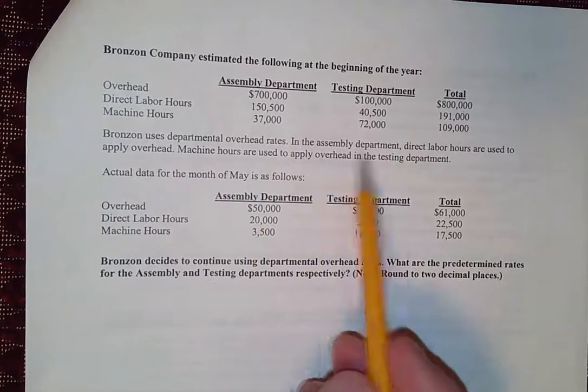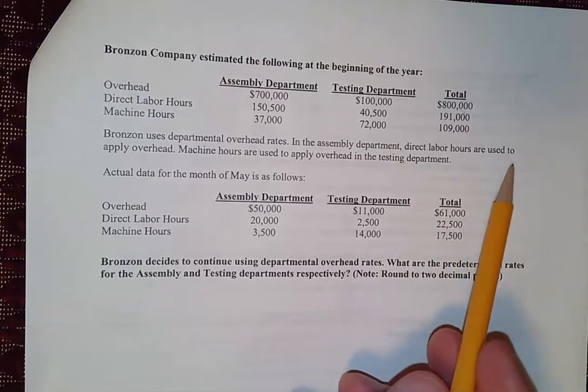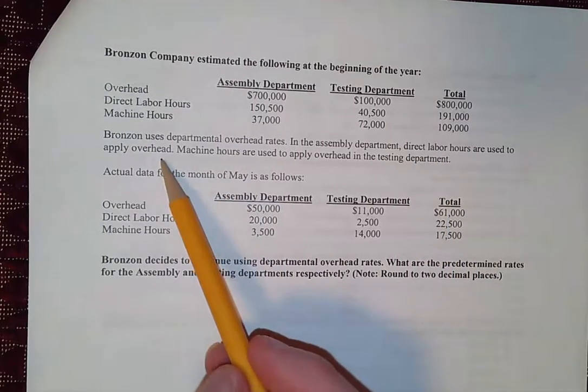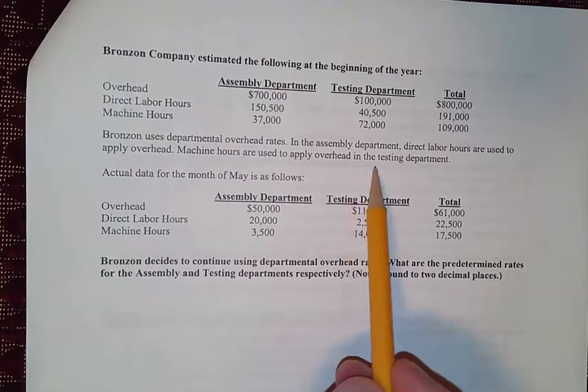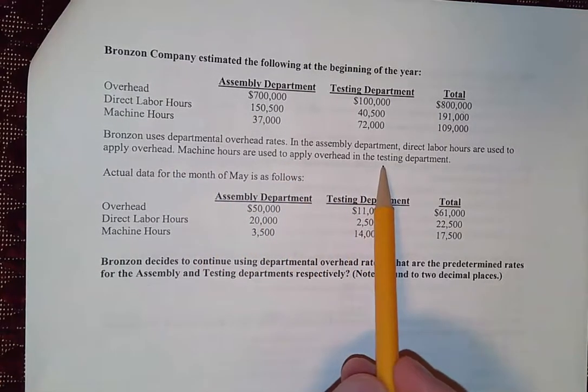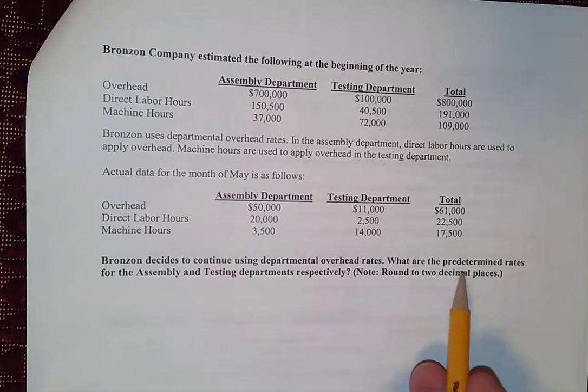In the assembly department, direct labor hours are used to apply overhead. However, machine hours are used to apply overhead in the testing department. So they can't do anything more than hand us the answer here, because all they want to know is the predetermined rate.